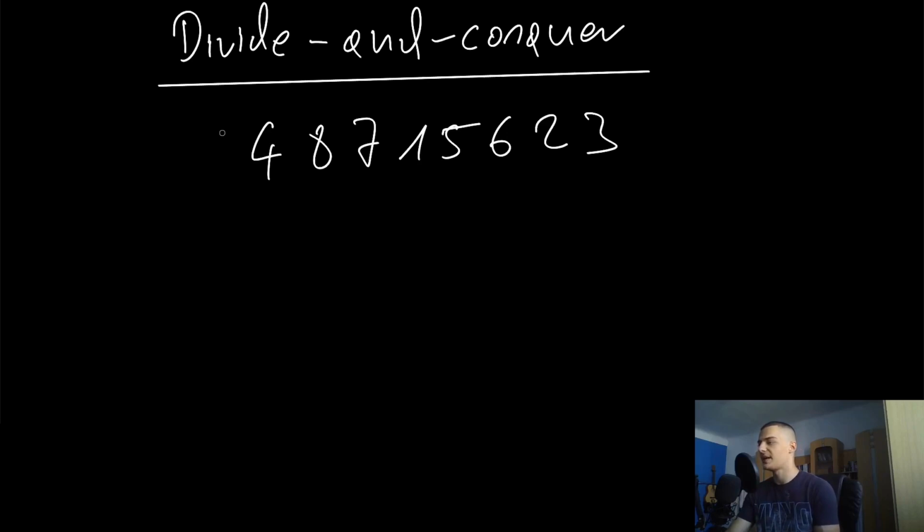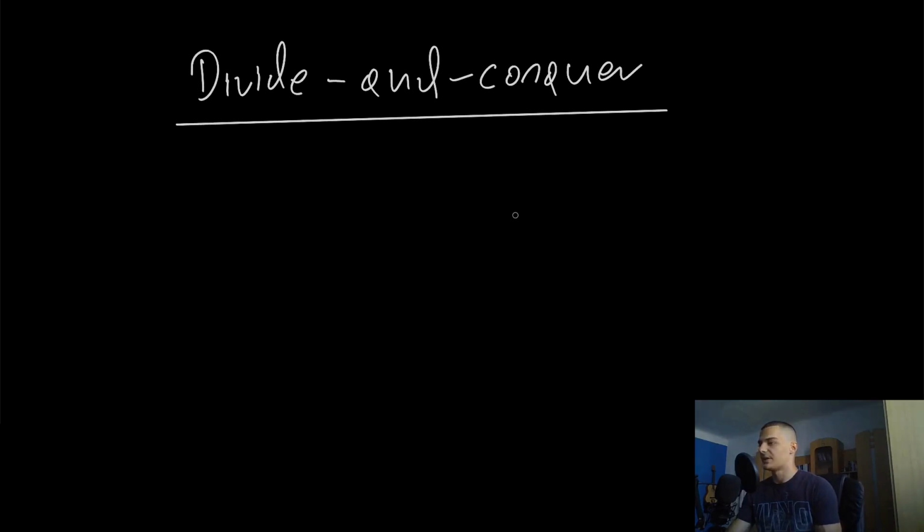We don't just pick a number and compare it to all the other numbers, but we take this list and split it up, for example, into two lists, then split this up into two lists, and so on, until we have a problem size that is so small that we can sort it efficiently or easily. And then we get these sorted sublists and combine them together. This is what we do in merge sort, and we're going to talk about this in more detail right now.